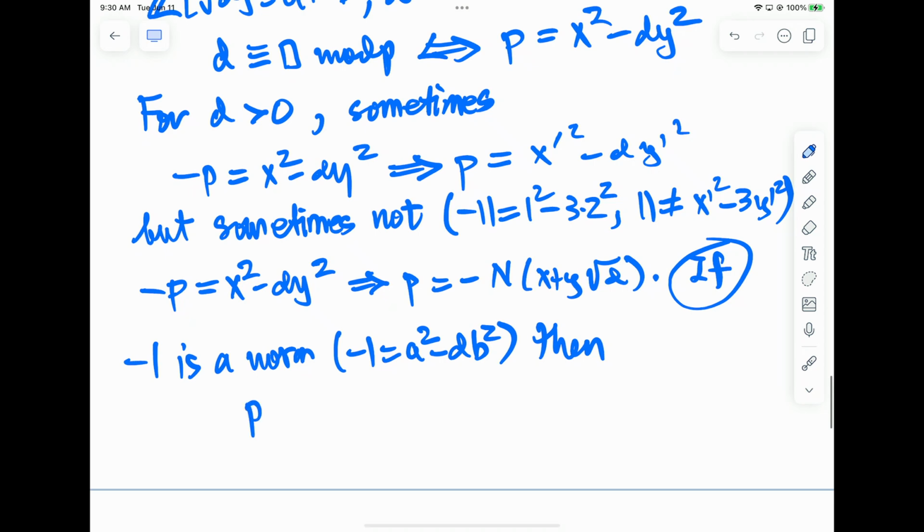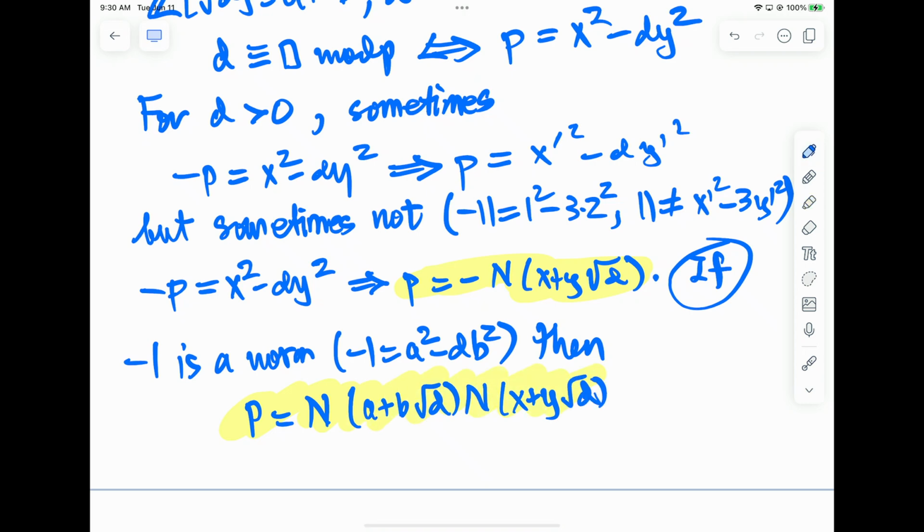then you can write the minus sign as a norm, and you already have that other norm. Whoops, error. If minus 1 is of this form, then minus 1 is a norm. You already had that other norm, so I'm just rewriting that equation in this way.